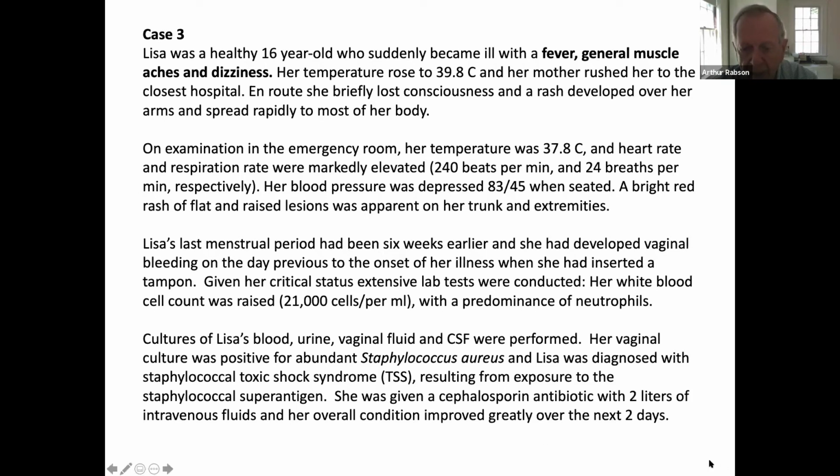And Lisa was diagnosed with staphylococcal toxic shock syndrome, resulting from exposure to an antigen produced by staphylococci, which we know is a super antigen. Fortunately, she was given cephalosporin in time with a lot of intravenous fluids, and she improved over the next 2 days. Very sick young woman, very lucky to get over this whole thing.